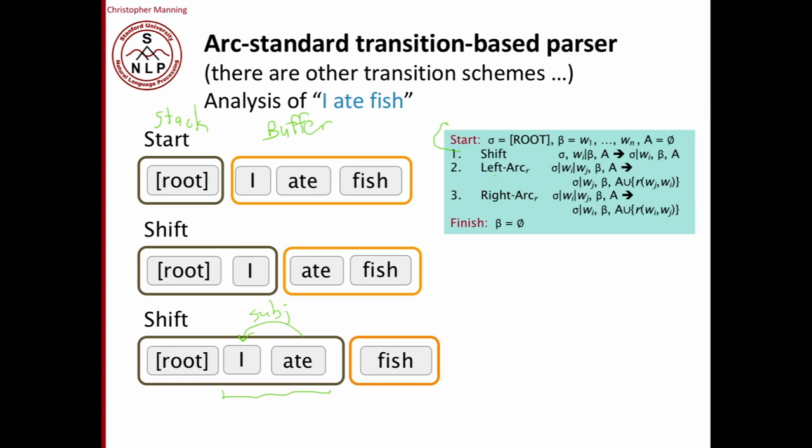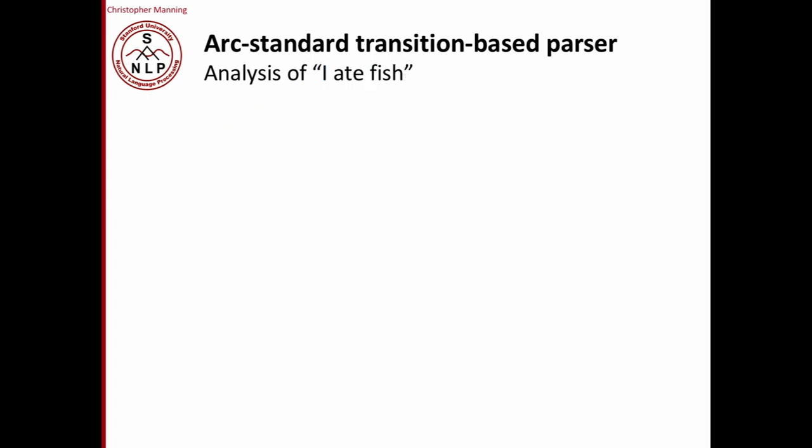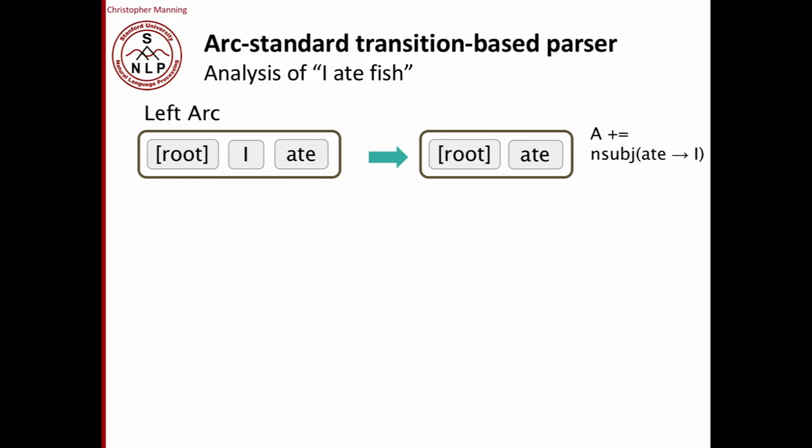And so what I'm going to do is the left arc reduction, which says, look, I'm going to treat the second from top thing on the stack as a dependent of the thing that's on top of the stack. And so when I do that, I create "I" as a subject dependent of "ate", and I leave the head, "ate", on the stack, but I add this dependency to the dependencies I've built. Okay, so I do that.